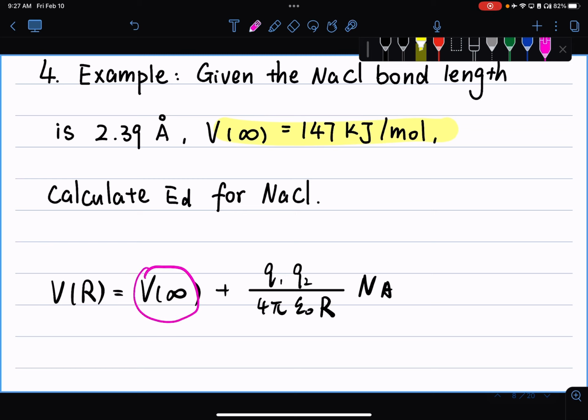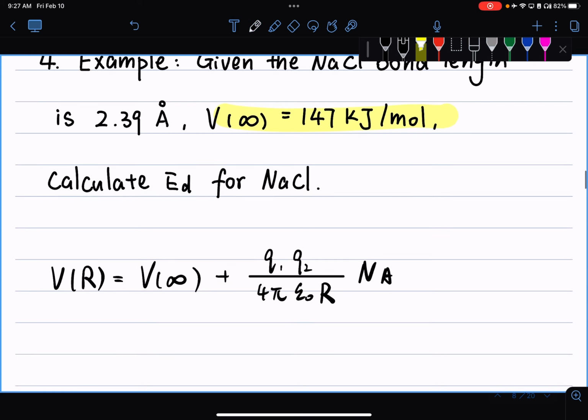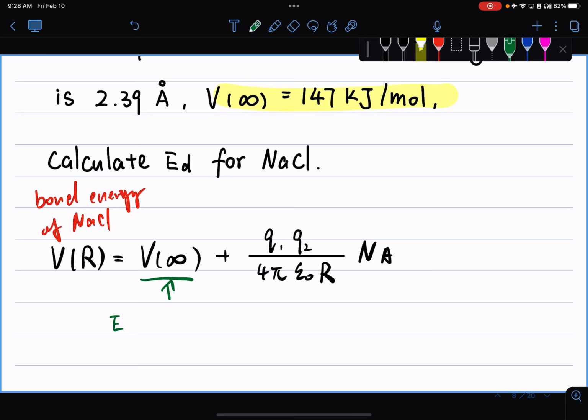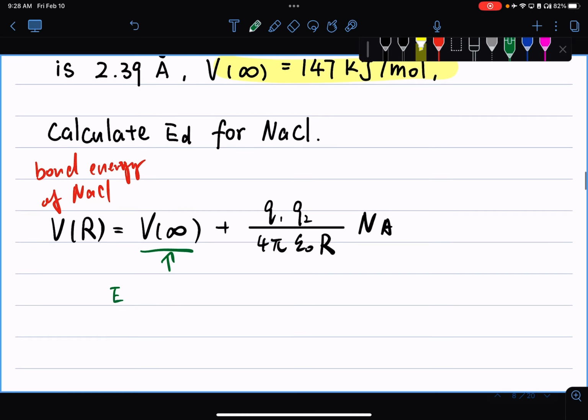What's the physical meaning of these terms? So this is talking about the bonding energy, or how much total stabilization energy there is in the sodium chloride bond, in one mole of sodium chloride. V infinity, that's the energy required for this reaction. We have neutral sodium plus neutral chlorine going to sodium plus and chloride minus, and these cations and anions are infinitely apart.